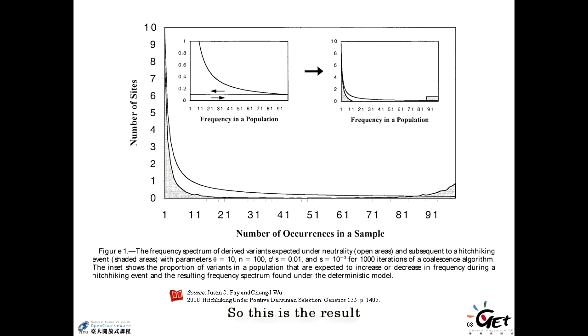So this is the result we sometimes observe in the population. It is shaped by all the population parameters and the selection events.